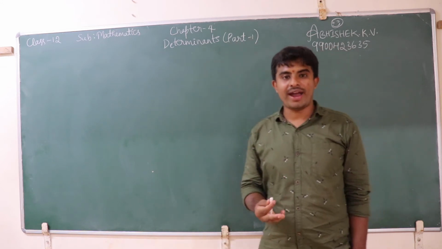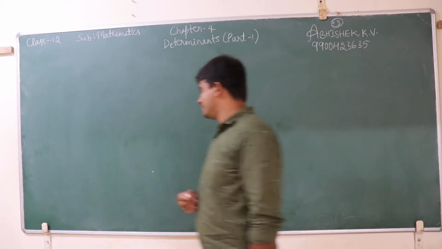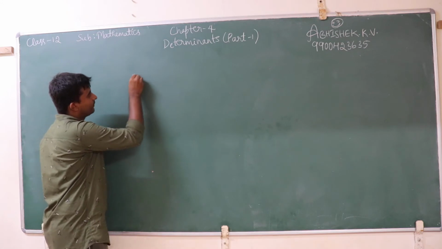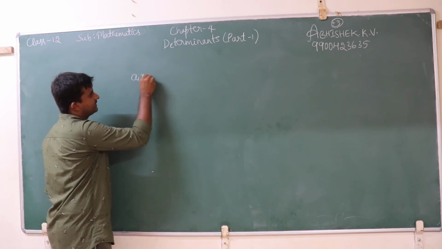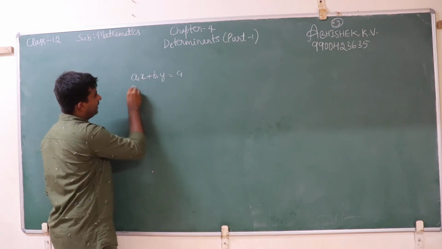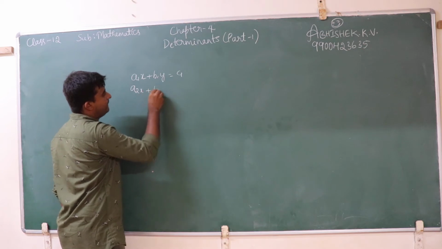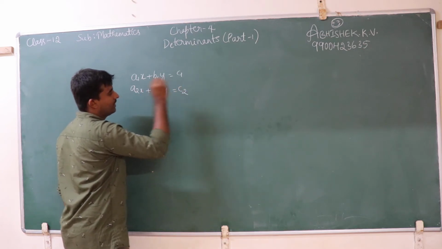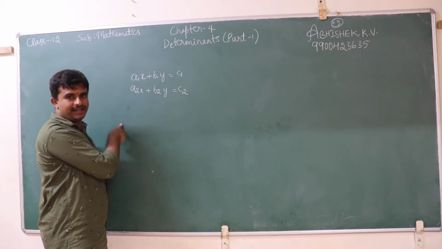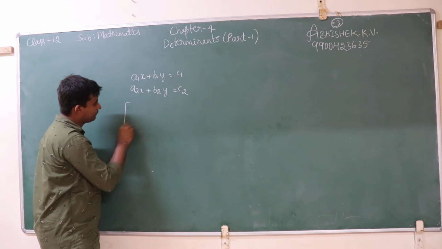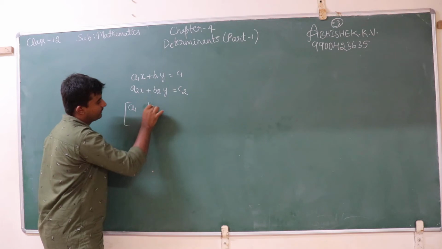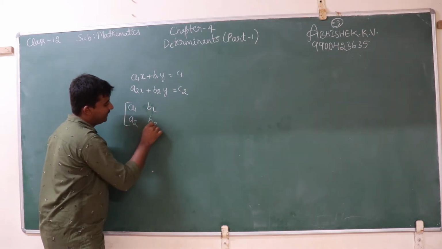In order to define the determinant, first I am going to consider the system of linear equations. See, if I consider a1x plus b1y is equal to c1, then a2x plus b2y is equal to c2, then I write this system of linear equations as the matrix with rows a1, b1 and a2, b2.